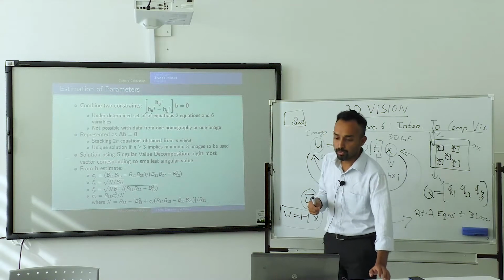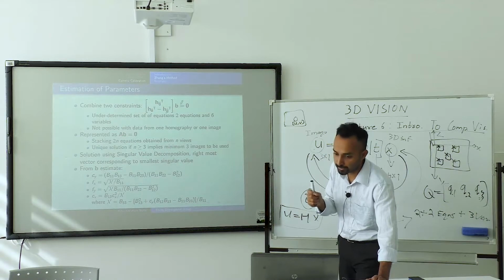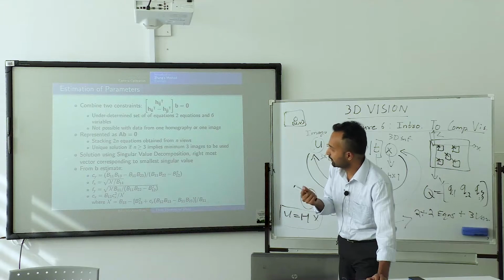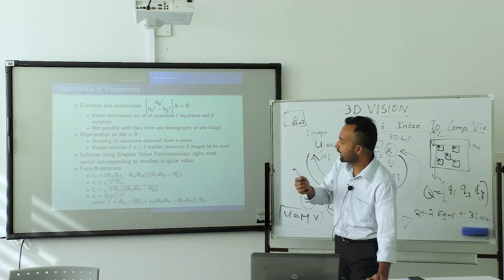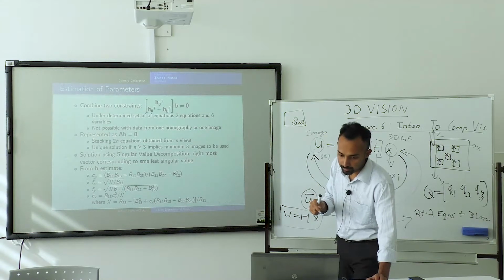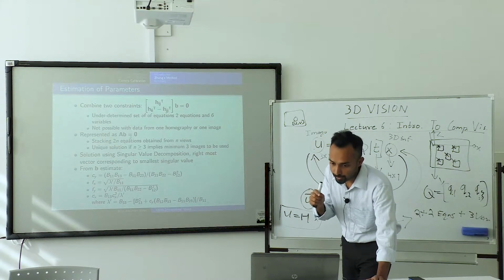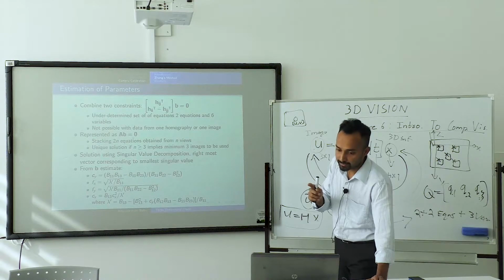Once you estimate the components of vector B, you can use the earlier definition of B to come back and estimate the other parameters Cy, Fx, Fy, Cx, etc., at the same time using a particular scaling factor. The solution for AB is equal to 0 is obtained using singular value decomposition.